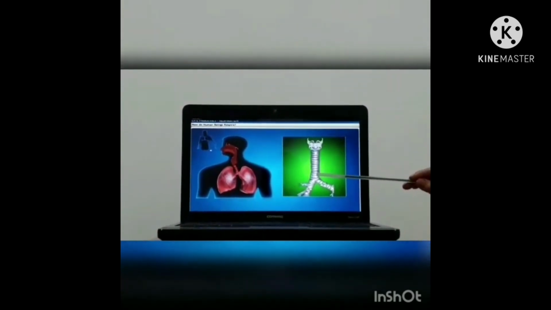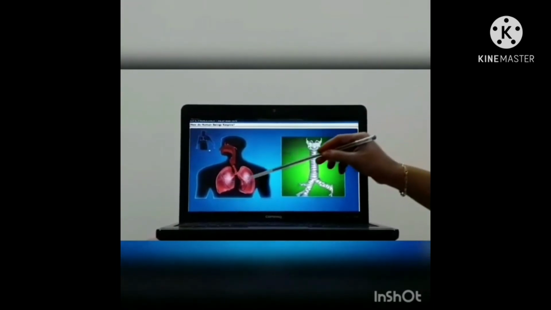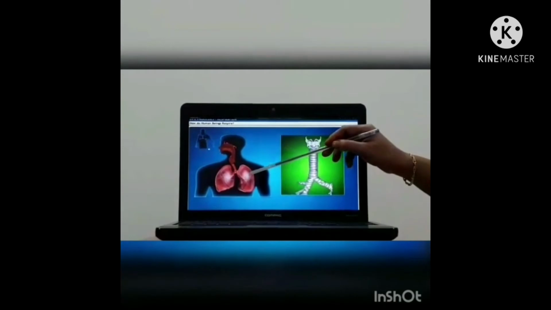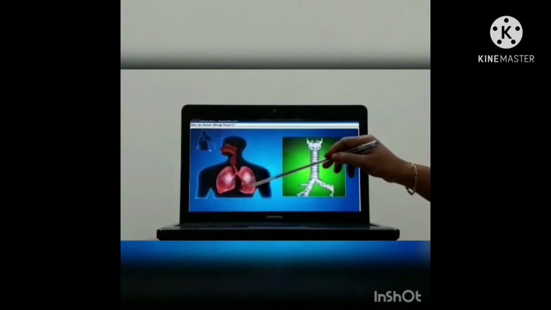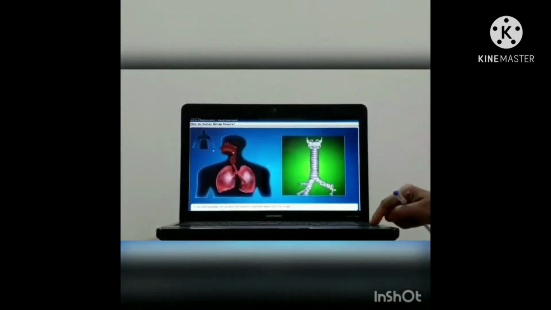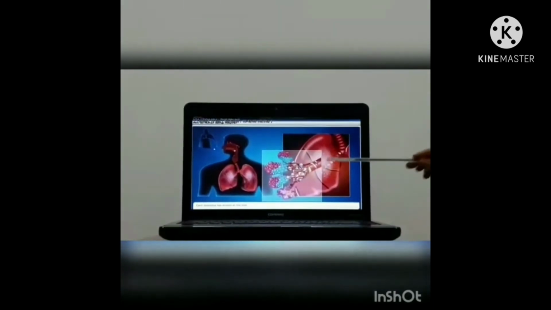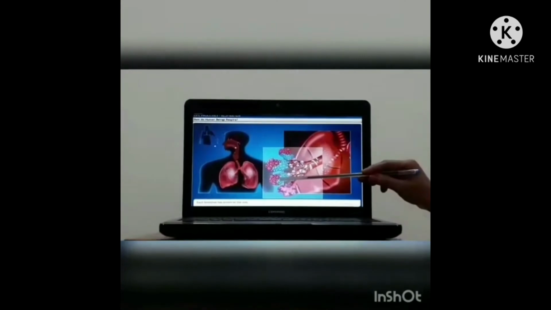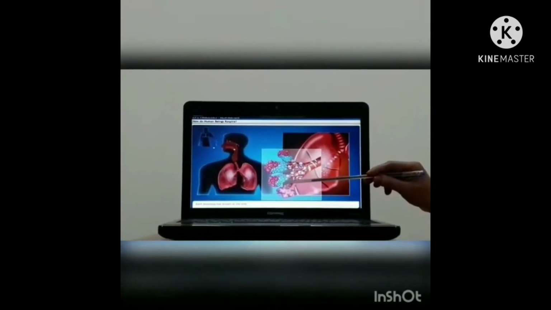This trachea bifurcates into bronchi and enters each lung. Within the lungs, the bronchi further divide into bronchioles, and each bronchiole ends with air sacs or alveoli.